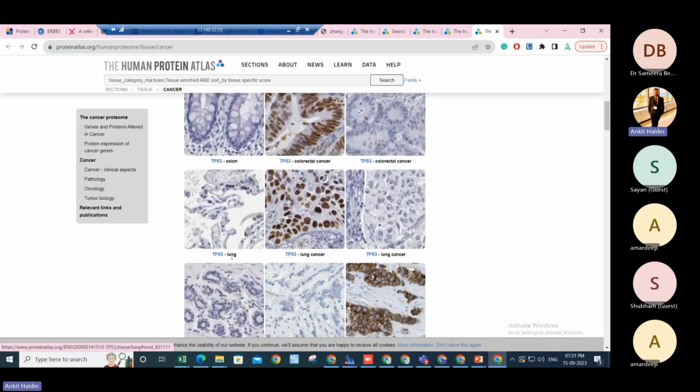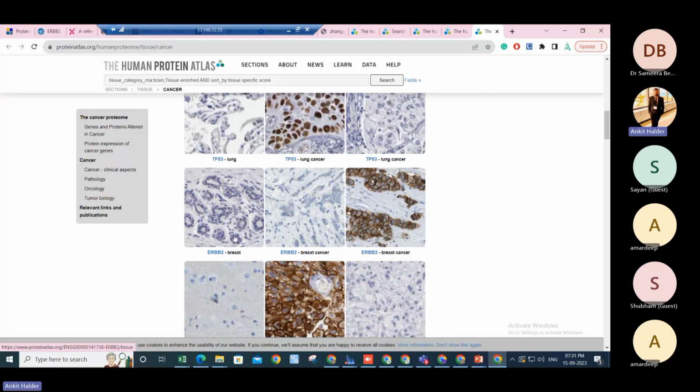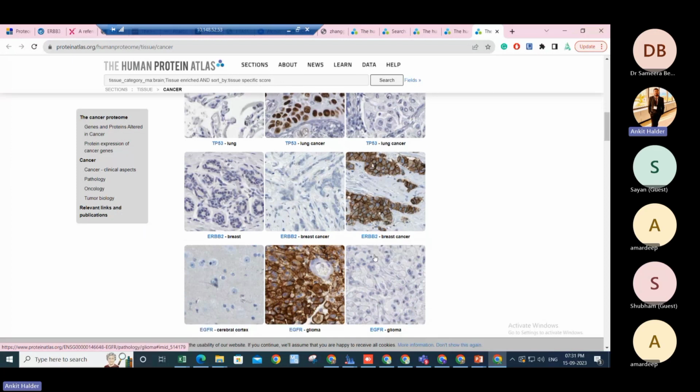So for example, TP53 in lung. I recommend you all to explore it thoroughly. This will give you an extensive overview and make you aware of the things that are happening in lung cancer. This is ERBB2 in the normal breast and in breast cancers.